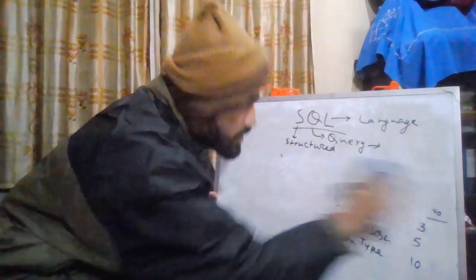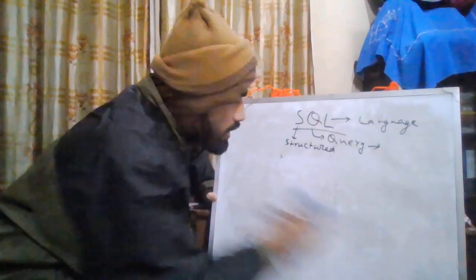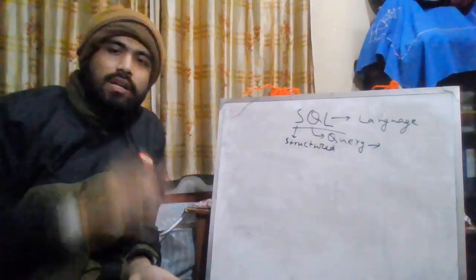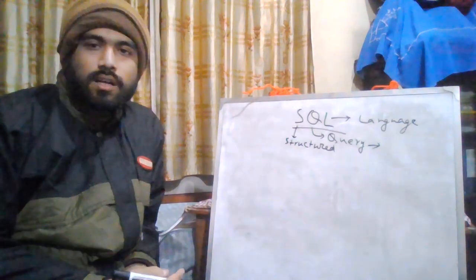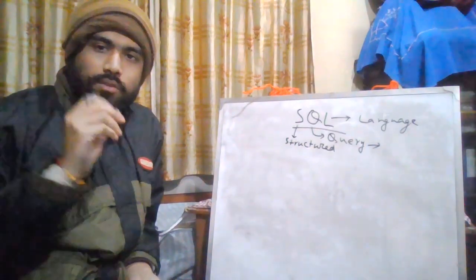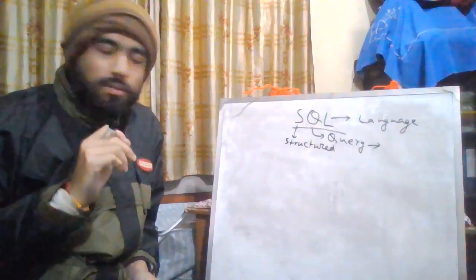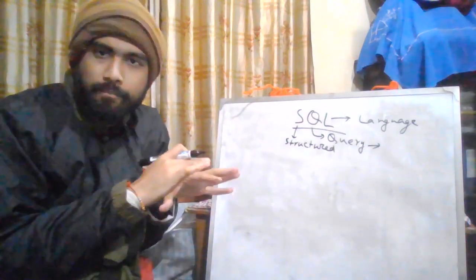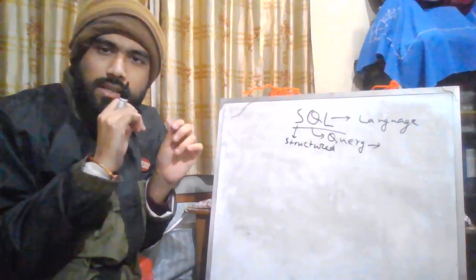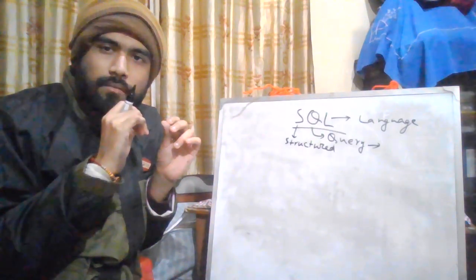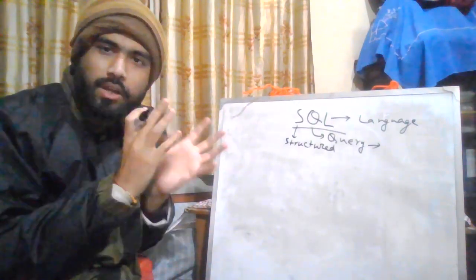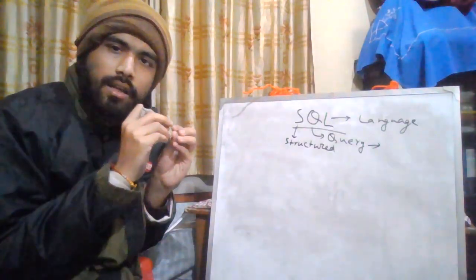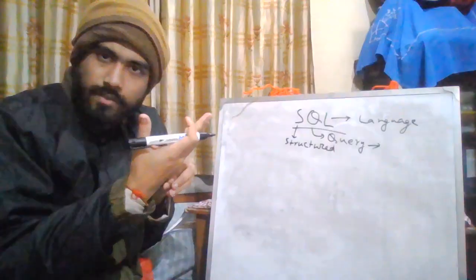Now we have understood the structure of a table, and on a high level we have already understood what is database. Database is a type of storage where we store data, and inside the database we create tables.